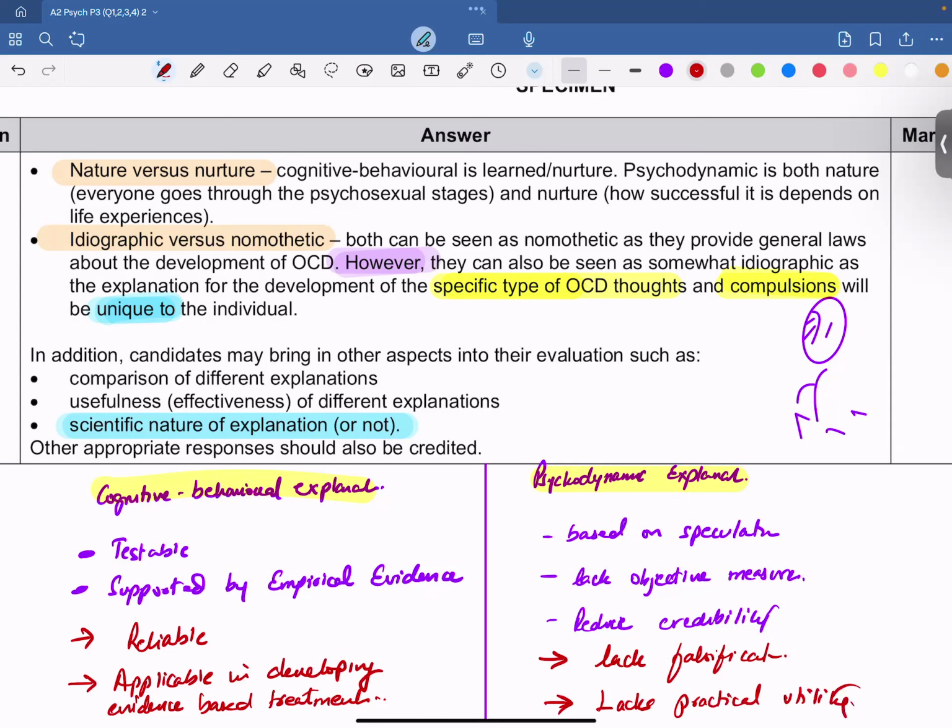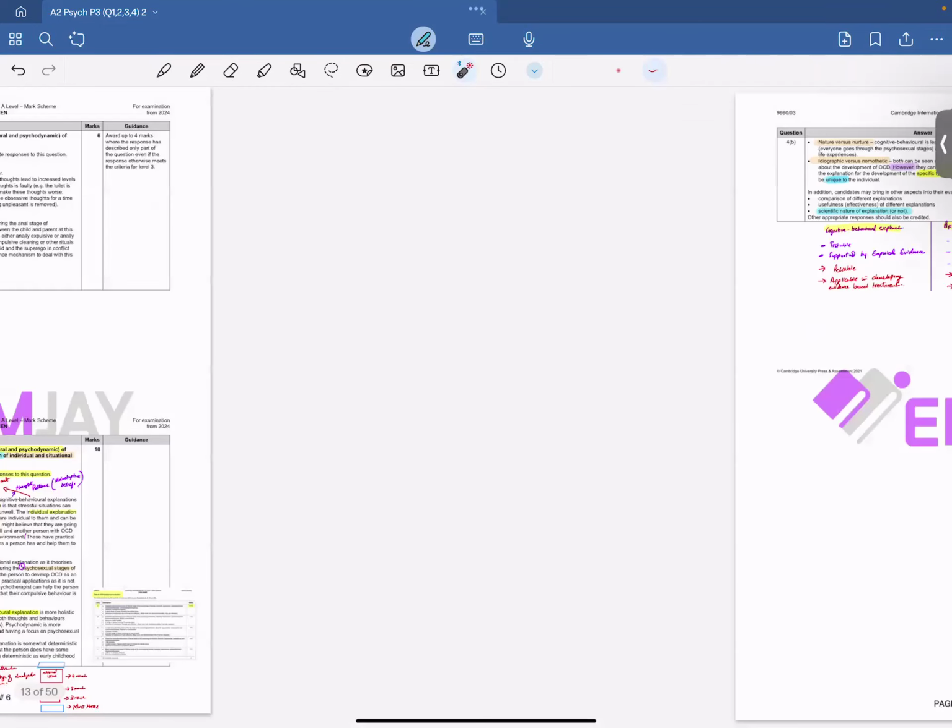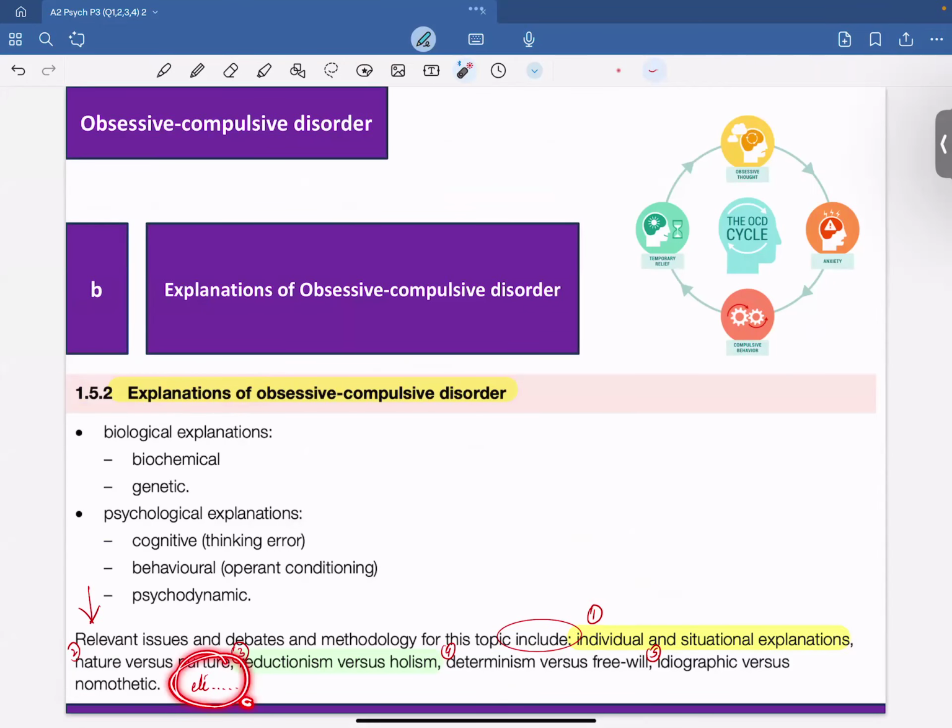If you studied the psychodynamic explanation of OCD, this line that I wrote should make a lot of sense. So yeah, there are many other aspects that could be used when it comes to evaluation. Like I said, I put this up because remember when I'd used the word etc., you could use anything else for evaluation as well.